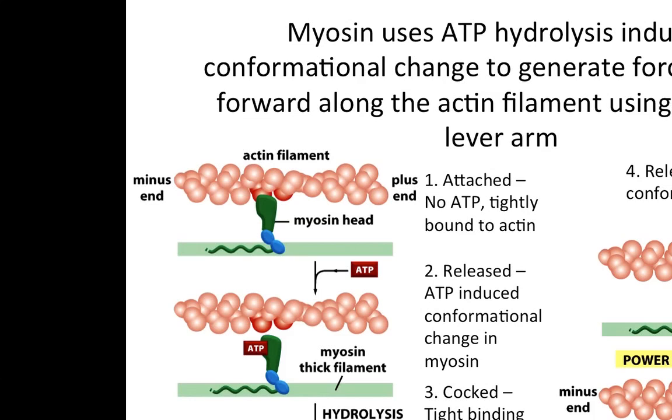It's really all about ATP and how it affects the orientation of this lever arm that's associated with the myosin head. Basically it's going like this. I have a movie, but in order to not crash my computer, we're going to play it over here.